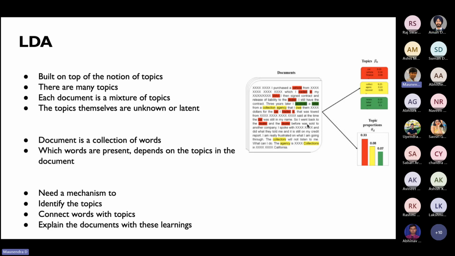K-means is a hard clustering. Any other clustering techniques that you are aware of which is hard clustering? DBSCAN, yes, DBSCAN can be one more hard clustering. All right. So there can be scenarios where hard clustering is preferred, and there can be scenarios where soft clustering is preferred.